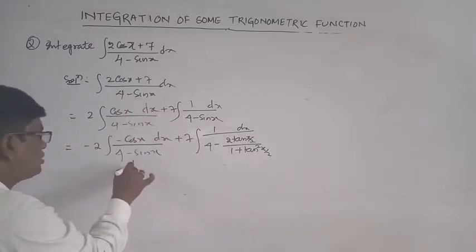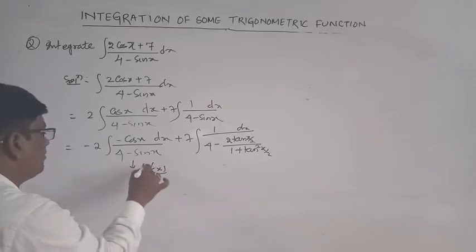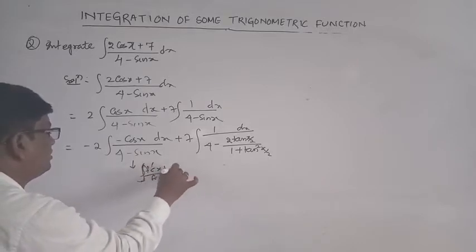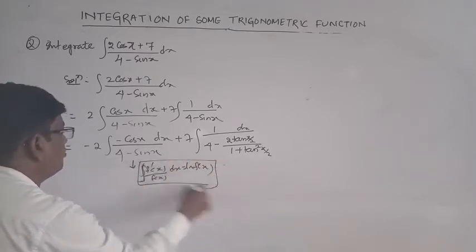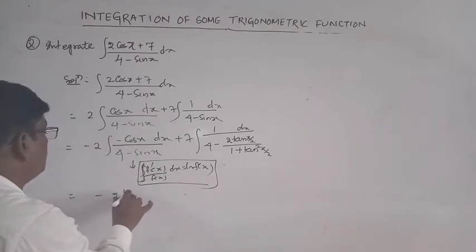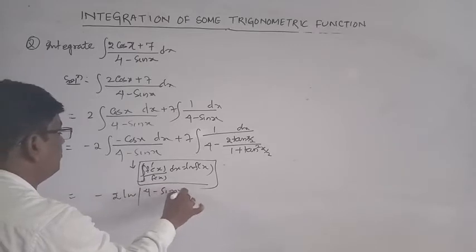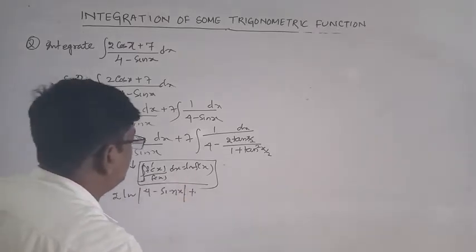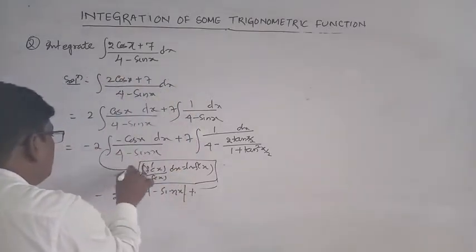Now for this use the formula: integration of f dash x by f of x dx is equal to log f x. For this portion, minus 2 into log of 4 minus sin x mod, and simplify this, and for this use this formula.